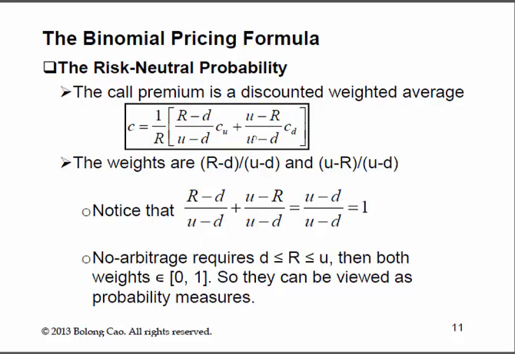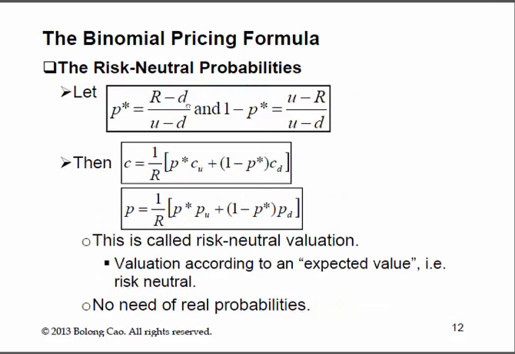So now we can denote the upstate probability as P star, equal to R minus D over U minus D, and the downstate probability as U minus R over U minus D. For a risk-neutral investor, we calculate this expected value: the upstate probability times the upstate payoff plus the downstate probability, 1 minus P star, times the downstate payoff.